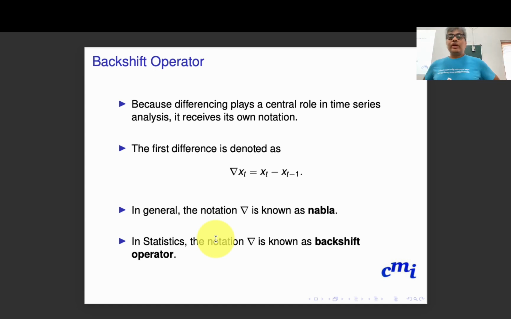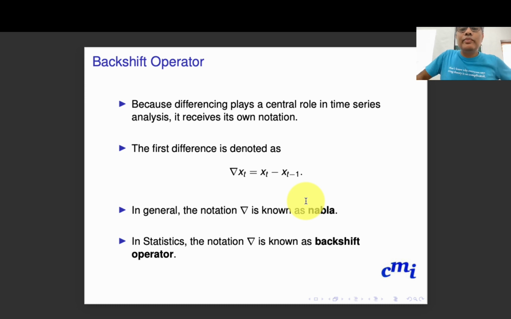Because differencing is going to play a central role in time series analysis, it receives its own notation. X_t minus X_{t-1} gets this inverted pyramid notation, and this notation is called nabla. In general mathematical sciences it is called nabla. It's an ancient Greek notation, that's what I have heard.